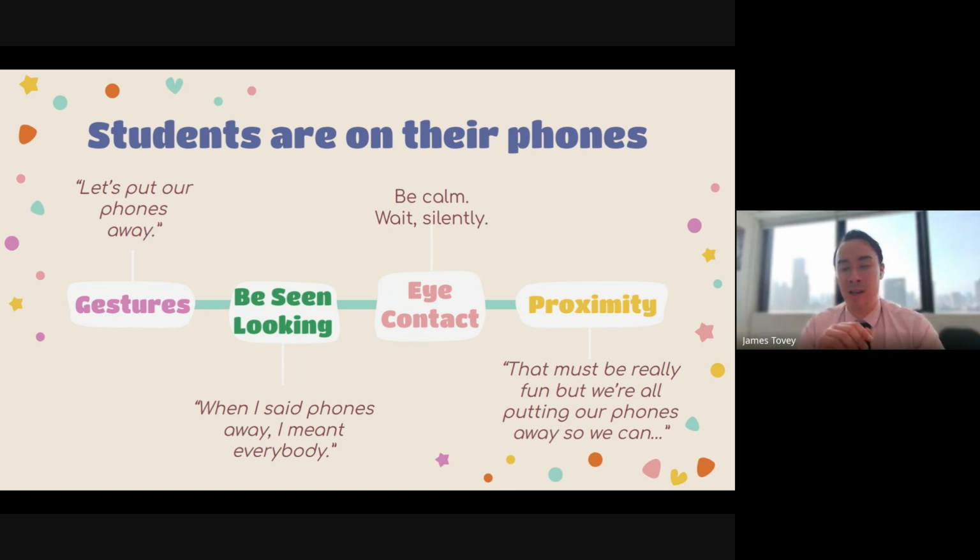So not just saying, hey, you, James, phones away. To expand on this point a little bit: when I said phones away, I meant everybody. Saying that is giving them the benefit of the doubt that they didn't realize you were talking to them as well.